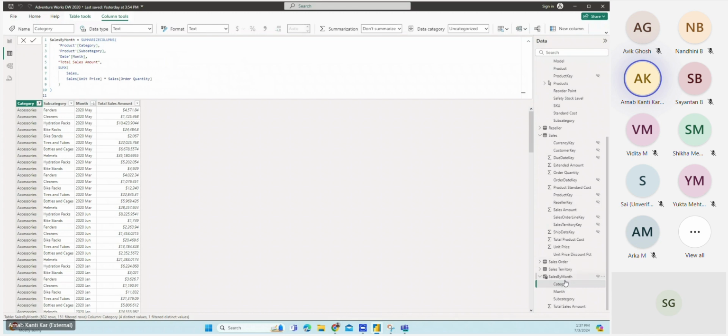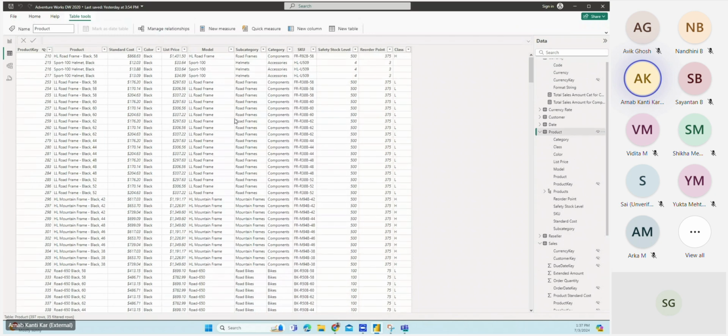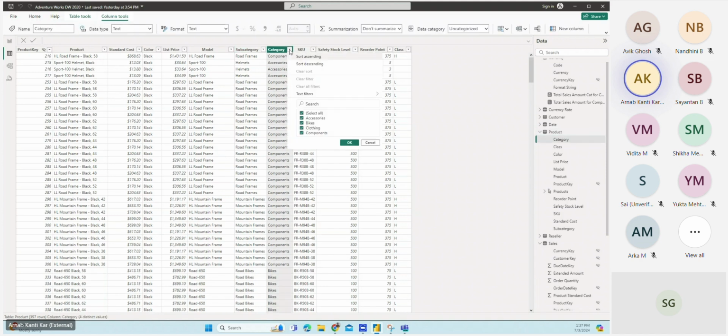If we look at the product table, within a category you will have different kinds of subcategories. Components have road frames, and components have other stuff as well. So let's just look at one, like components.